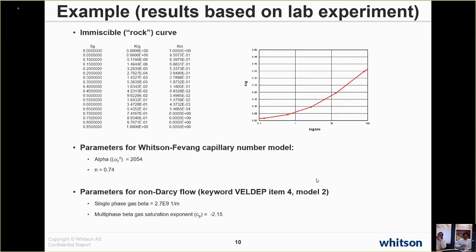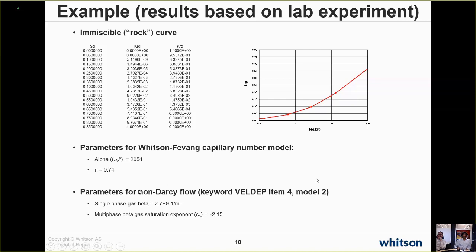Here I'm showing one result from one of the projects based on a lab experiment. Let us say we have done the experiment and developed this immiscible curve, which is the raw curve, and for this particular case, KRG at KGK1 equals 0.05. Based on the data fitting, we got the alpha parameter 2054 and exponent 0.74 for the Wilson-Febvre number model.